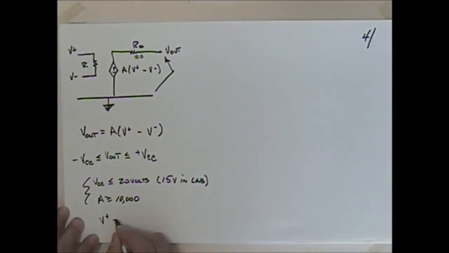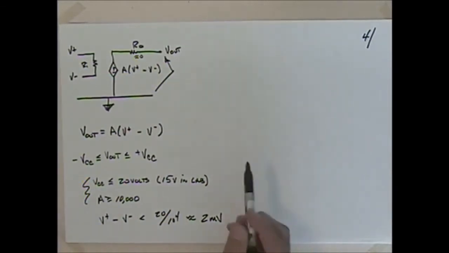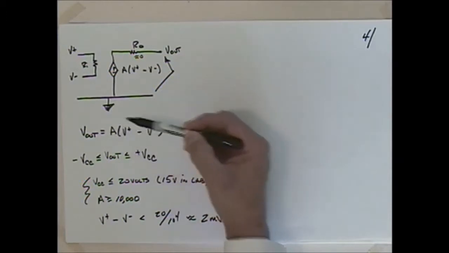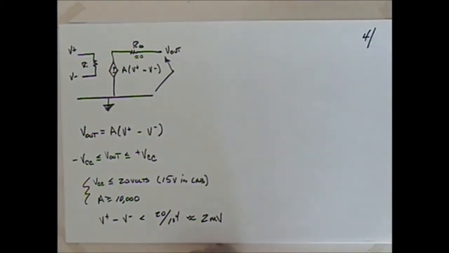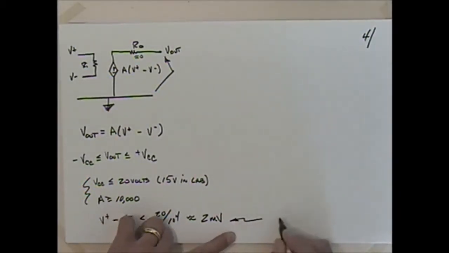V plus minus V minus has got to be less than about 20 divided by 10 to the 4, that 10,000, which gives us about 2 millivolts. Is that right? I'm going to take my V out that's limited to about 20, divide by that A, I get about 2 millivolts for that.